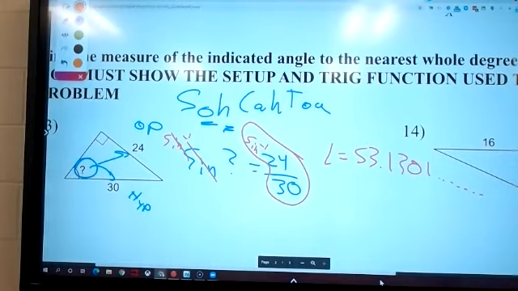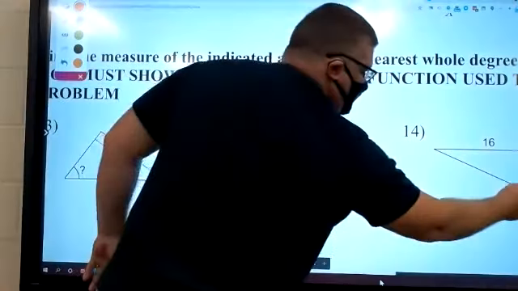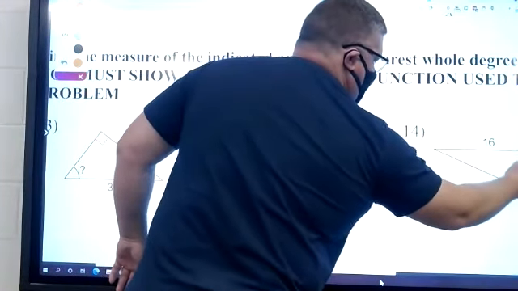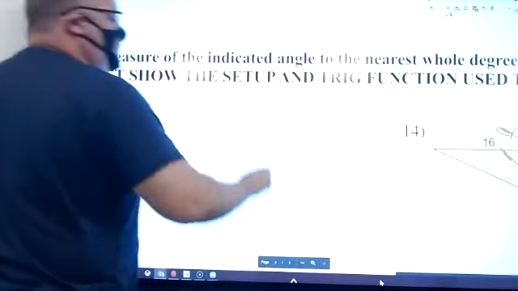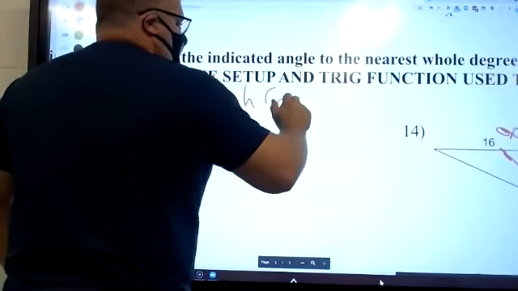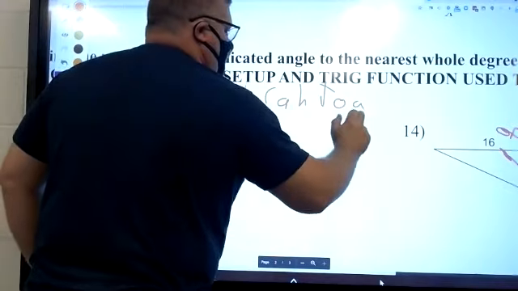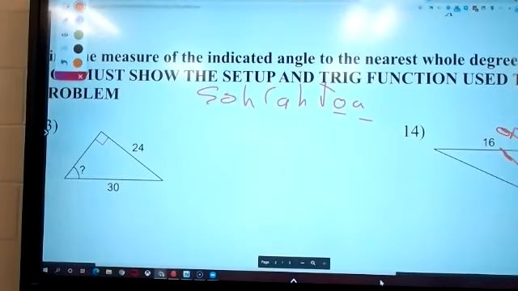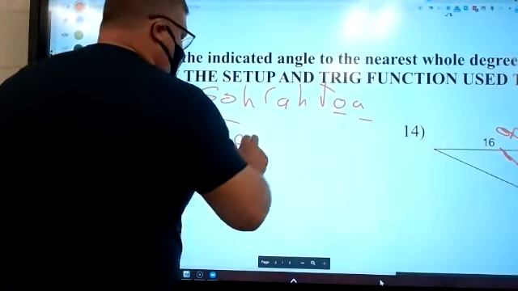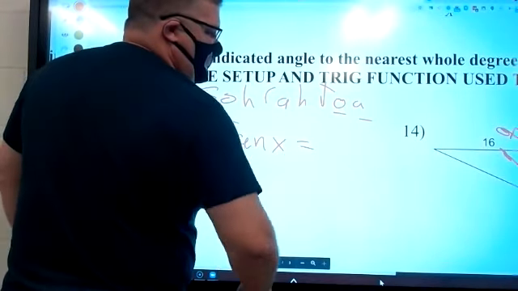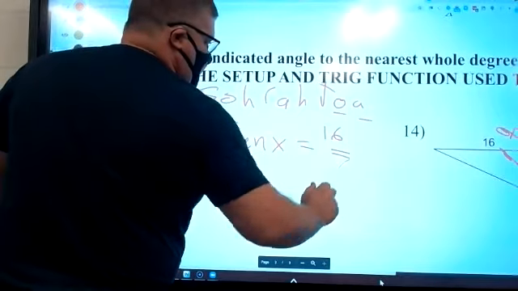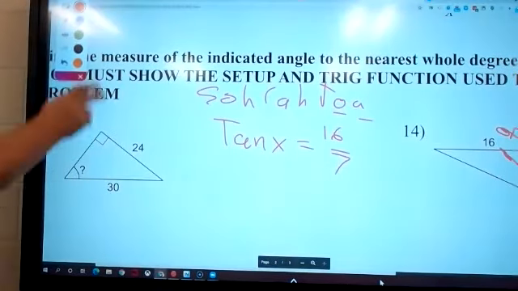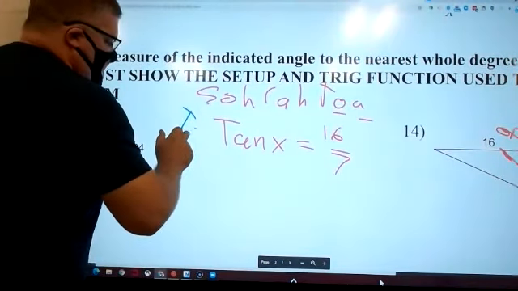Okay, let's do number 14. How do I do number 14? You know the adjacent and the opposite. So what am I going to use? That's right, adjacent and opposite, tangent. So I'm going to say tangent of, we'll call it X, equals what? 16 over 7. And then what am I going to do to get rid of the tangent? Inverse tangent.